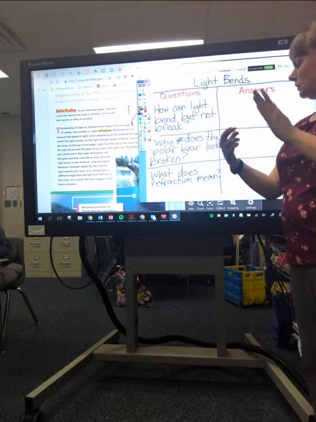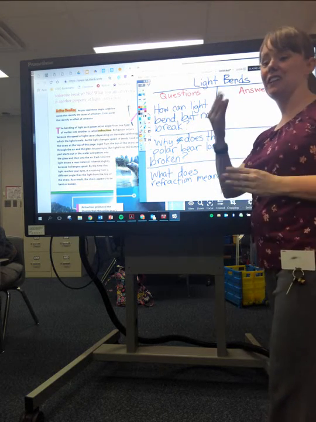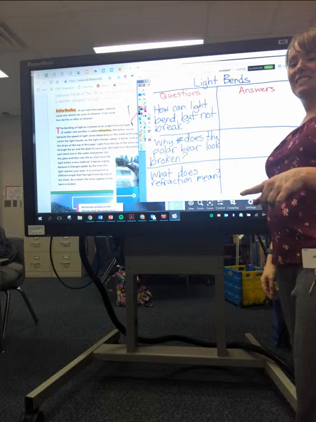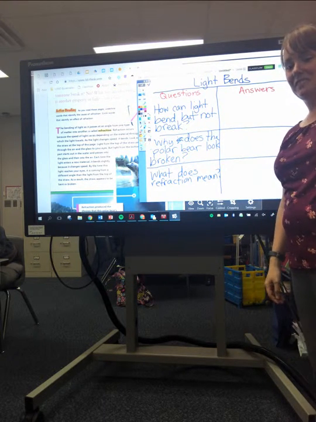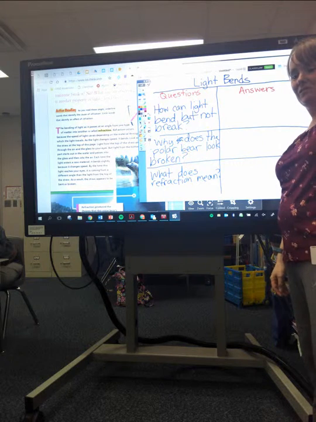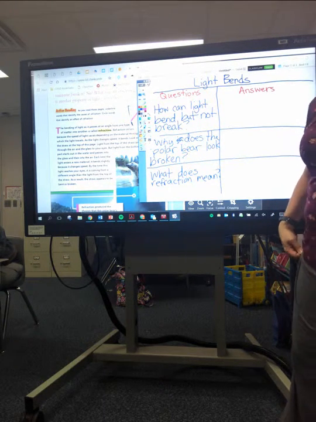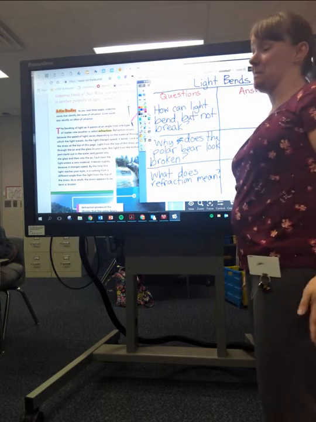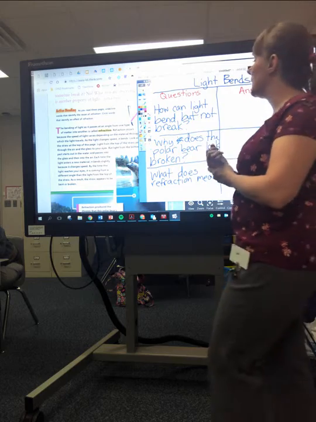What does refraction mean? Are you getting some ideas? What do you think? If the polar bear's in the water, it appears bigger underwater, but it appears its regular size above the water. That is some good thinking.